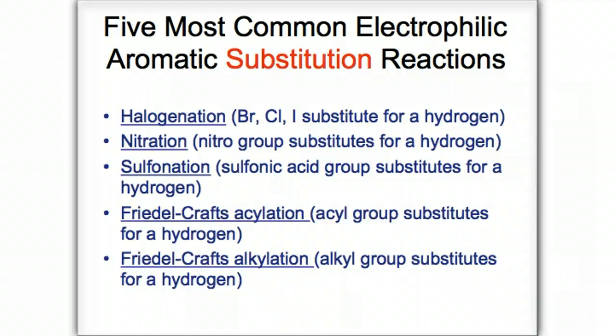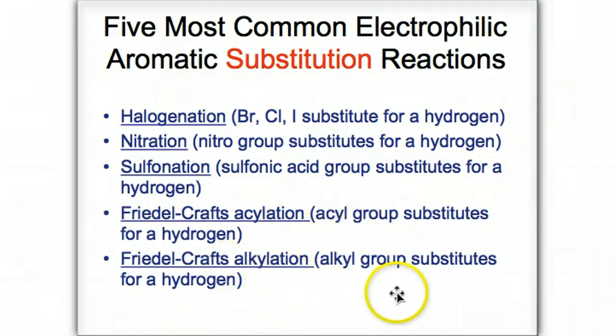The 5 most common electrophilic aromatic substitution reactions are listed on this slide. Halogenation: bromine, chlorine, or iodine substitutes for a hydrogen. Nitration: a nitro group substitutes for a hydrogen. Sulfonation: a sulfonic acid group substitutes for a hydrogen on the benzene ring. Friedel-Crafts acylation: an acyl group substitutes for a hydrogen.